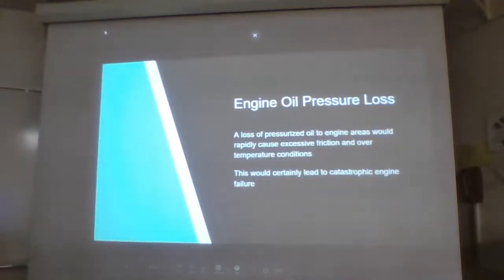Engine oil pressure loss: a loss of pressurized oil to engine areas would rapidly cause excessive friction and over-temp conditions. This would certainly lead to catastrophic engine failure. We need that engine oil to lubricate all those very hot metal parts of our engine in order for it to run effectively, efficiently, and correctly.